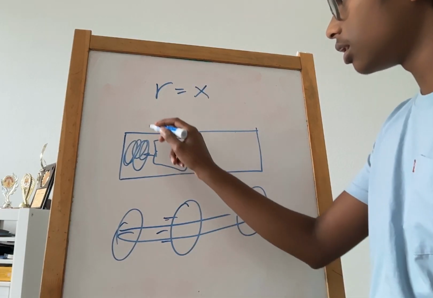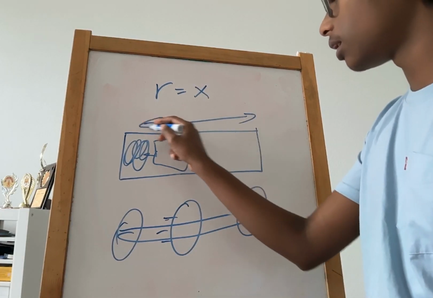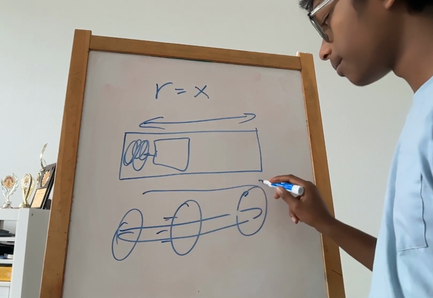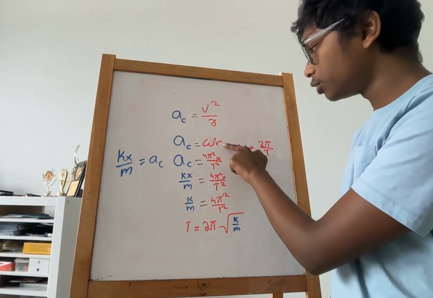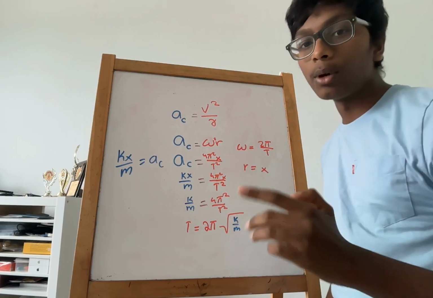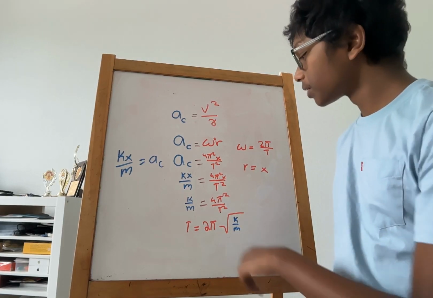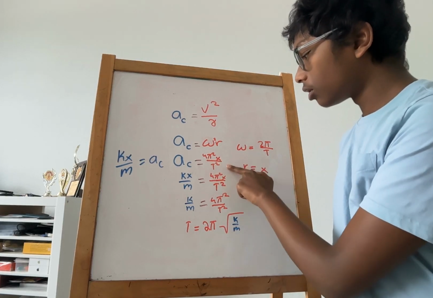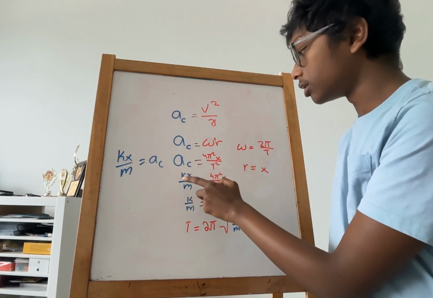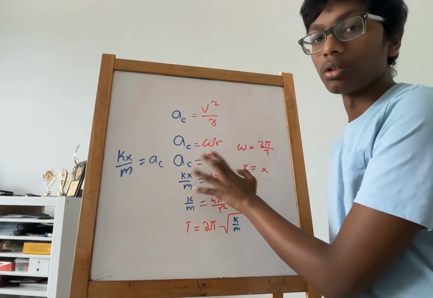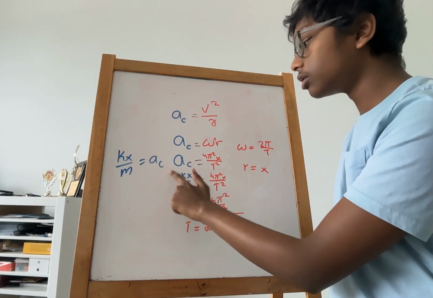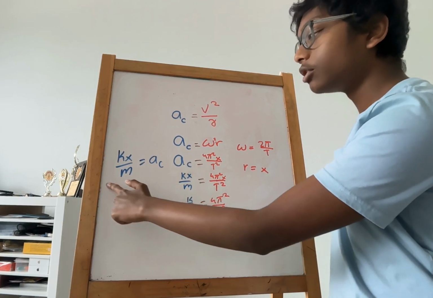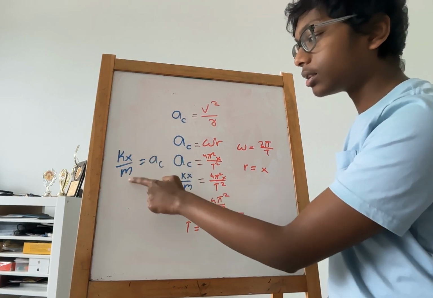It's just going to the side and back. Same thing. You can see the parallels between them. So our original radius is now x, and we'll explore why that is in a second. So this is our new equation for centripetal acceleration, and that already is starting to look like the period equation. Now we substitute the centripetal acceleration with kx divided by m.